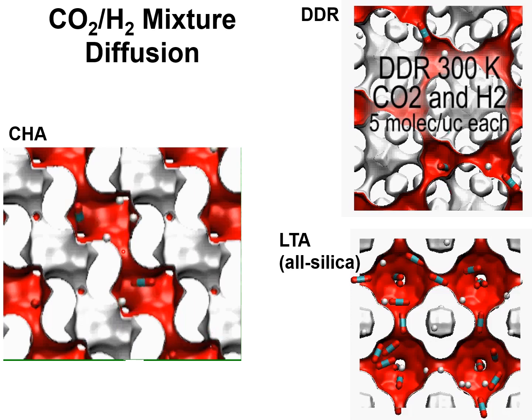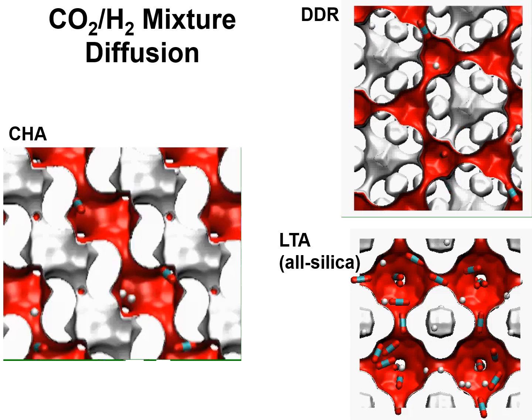It has already crossed this window twice. The hydrogen shown by the white spheres has undergone intercage hopping here.